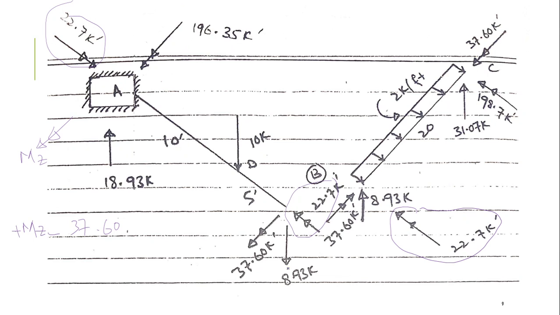So this is also forming a moment in z clockwise. So I'll write plus 8.93 into 15. The distance is 15. Then this 10 kip is also forming a moment clockwise. So 10 into 10. So you will find that mz would be plus and this magnitude would be equal to this.